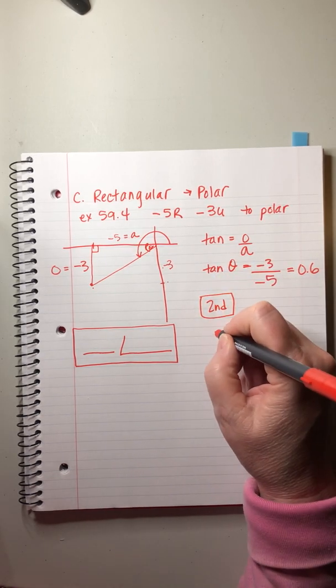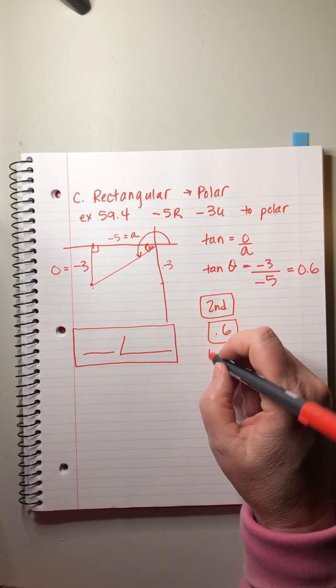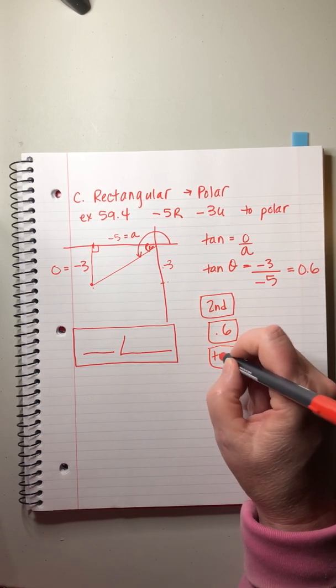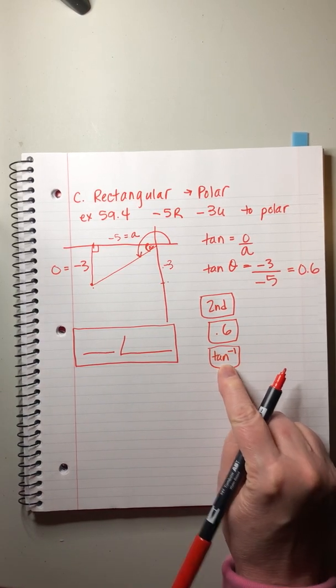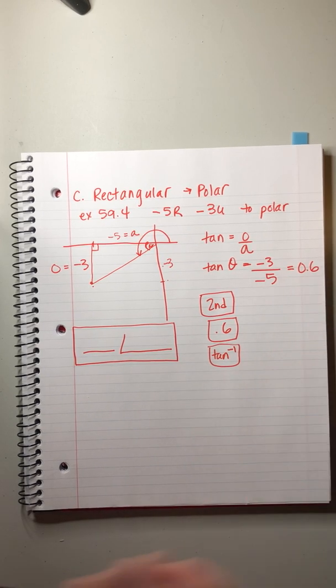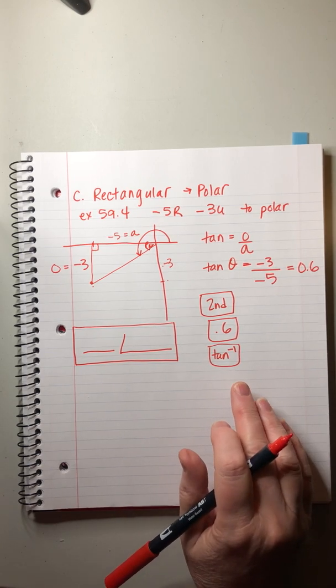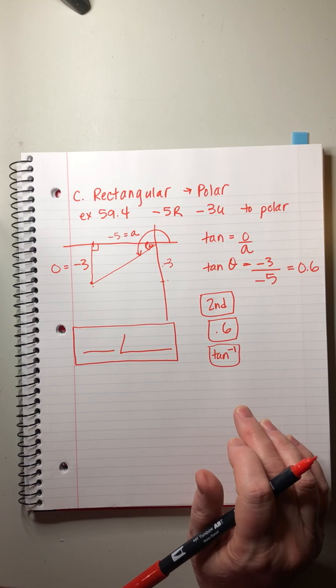Then I can enter 0.6, and then I can hit inverse tangent. Remember, this is the button I use when I have the decimal and I want the degrees, which is exactly our scenario. We have the decimal, we want to convert that into the degrees using tangent.